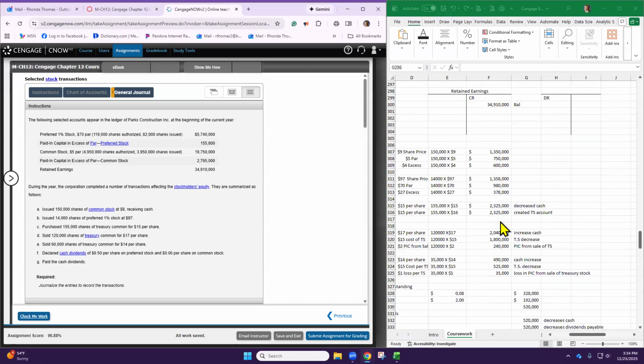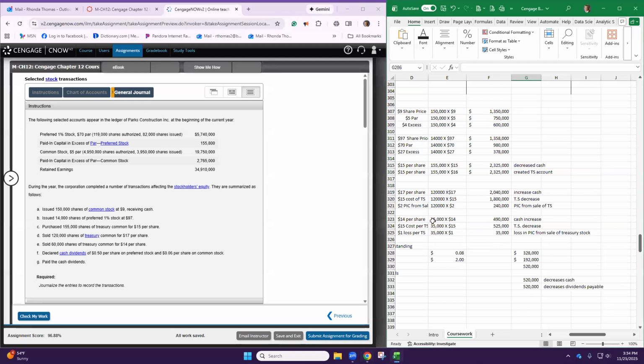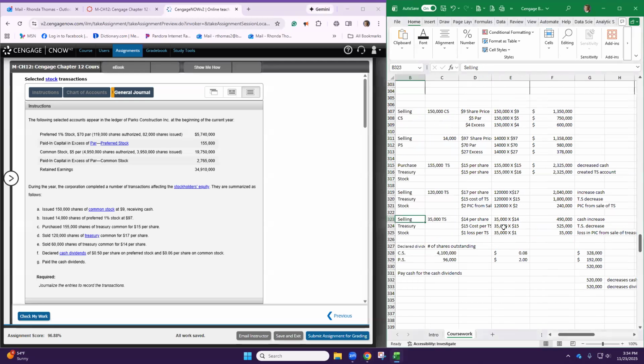All right, so let's go put that in. All right, so back to this part. Okay, so they're saying they have 60,000 shares. I just don't think they paid attention. So let's see if this is right, and we'll just see if this fixes it.